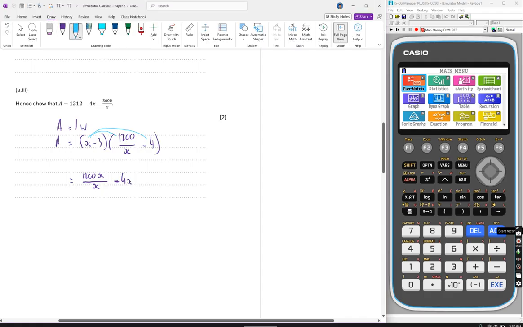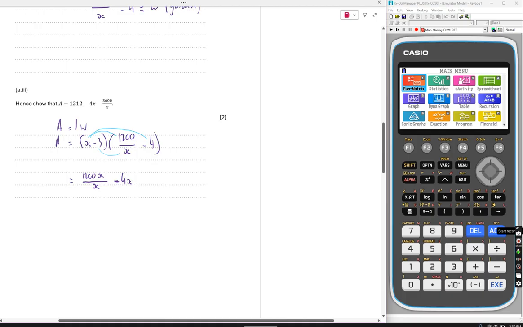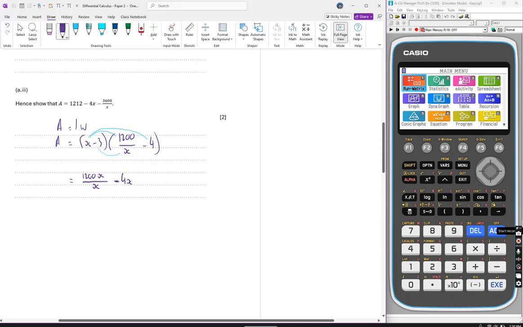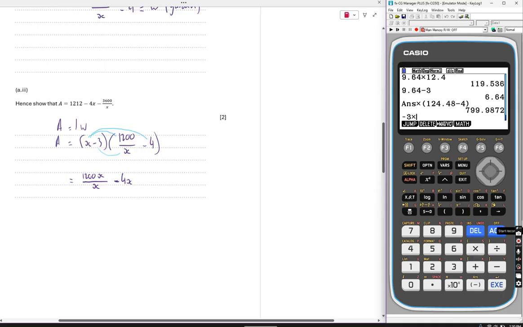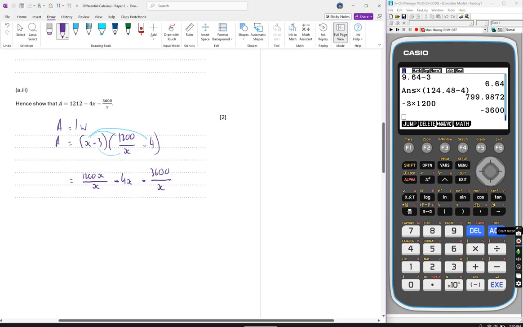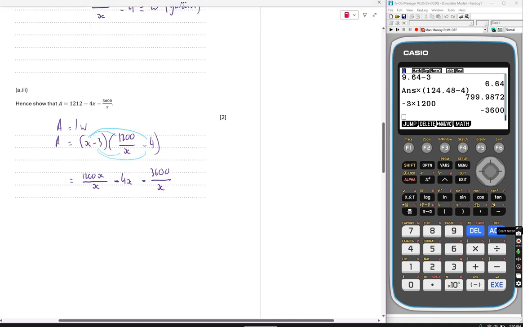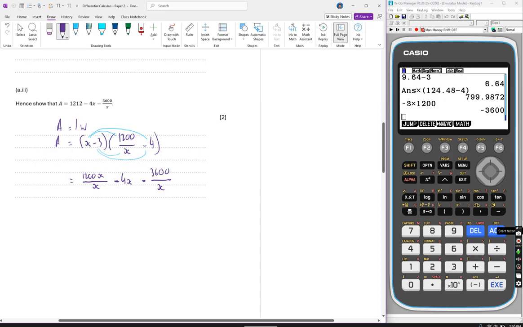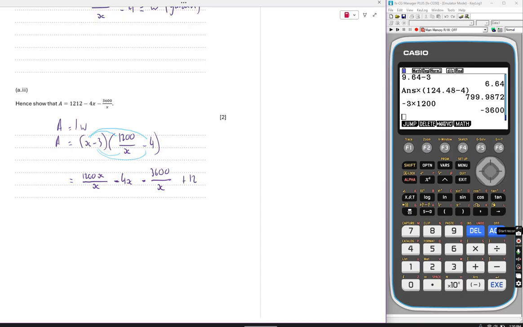Then let's do negative 3 times that first part. So negative 3 times 1200 is going to be negative 3600. So negative 3600 all divided by x. And then the last thing we're going to have is negative 3 times negative 4, which is positive 12.